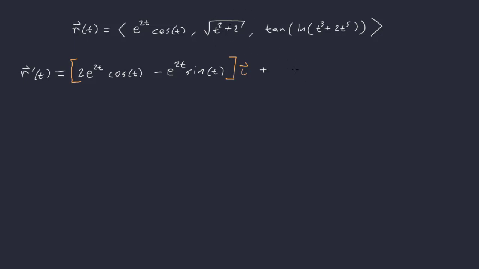When you take the derivative of the square root of u, that's always u prime over 2 square root u. So it's always 2 times itself in the denominator of square root of stuff, and now we just put the derivative of that stuff up top. The derivative of the stuff will just be 2t. And the 2's cancel, and I'll say that's the j component.